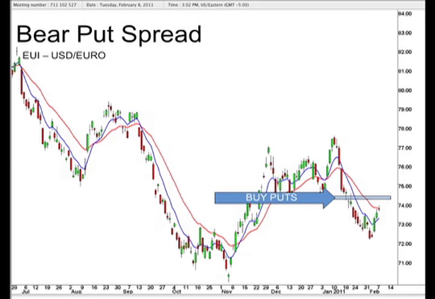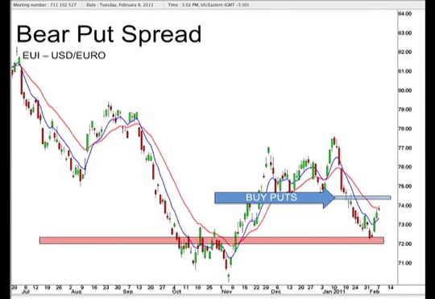But then we're going to go out and, instead of establishing that 73, 72 as a possible target, what we're ultimately doing is we're going to look at selling off those 72 strikes as a way of bringing in some capital into our account, lowering our cost basis, and then being able to take advantage of that move.